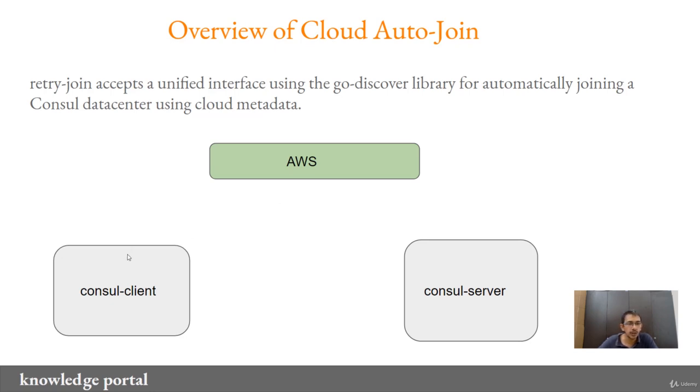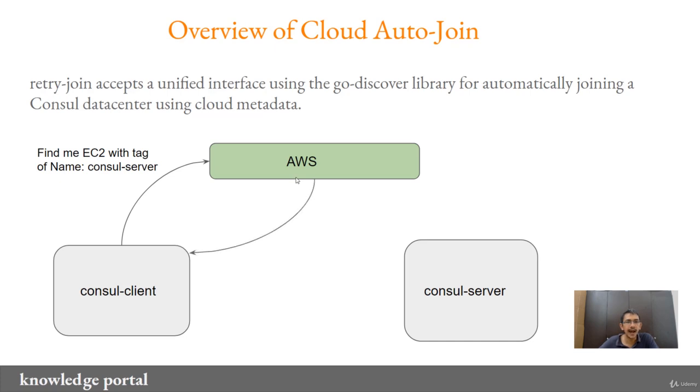So how this would work is, considering that both are within the supported cloud provider, the Consul client will connect to AWS. It will ask it to find the EC2 instances that have a tag of name as Consul-server. So you can consider this part as a variable where name is the tag key and Consul-server is the value.